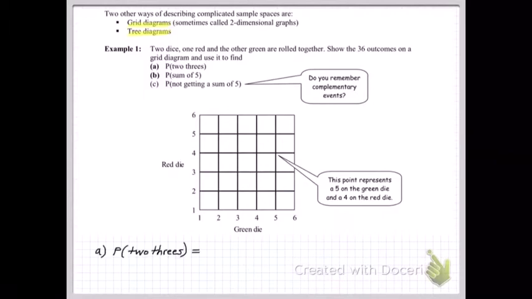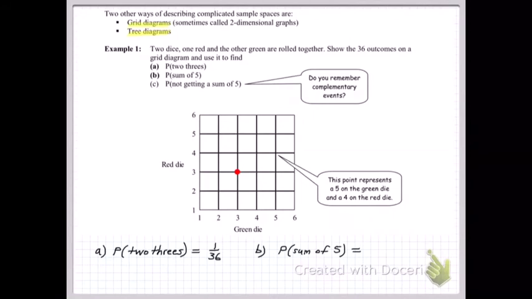So to find the probability of rolling 2 3s, there's only one point on the grid that corresponds to 2 3s. So that means there's one chance in 36. In part B, what's the probability of rolling a red and a green die together and arriving at a sum of 5?